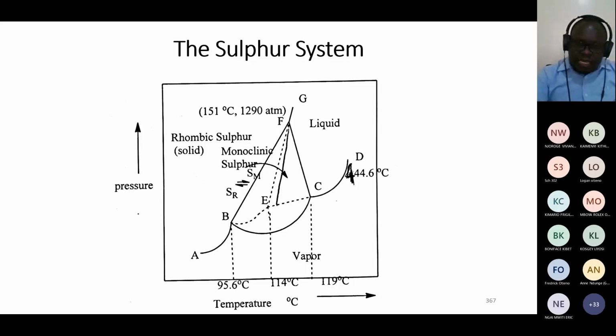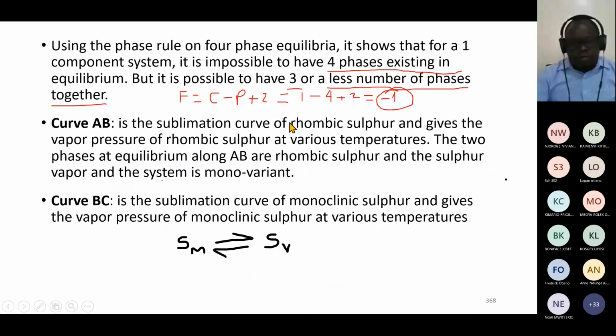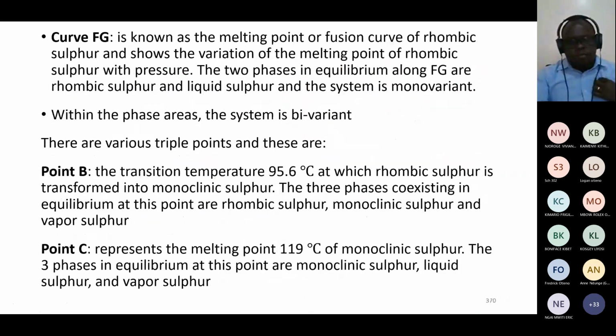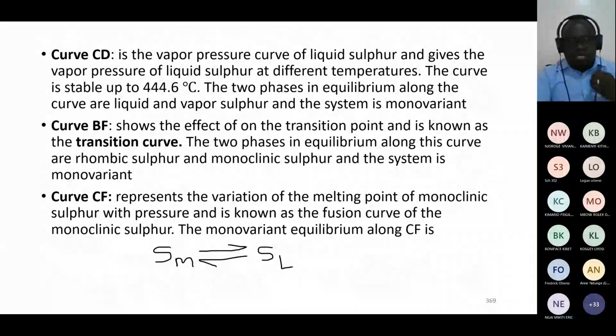So essentially, this line shows the variation of the transition point with the pressure, okay? This shows the effect of pressure on the transition point and is known as the transition curve. The two phases in equilibrium along this curve are rhombic sulfur and monoclinic sulfur.